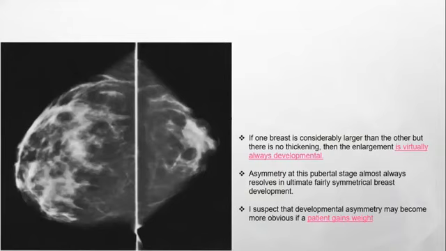Usually, as you know, during puberty, in the early stages, there will be asymmetry, but when we reach stage 4 and 5, the asymmetry disappears, and both breasts become more or less symmetrical.